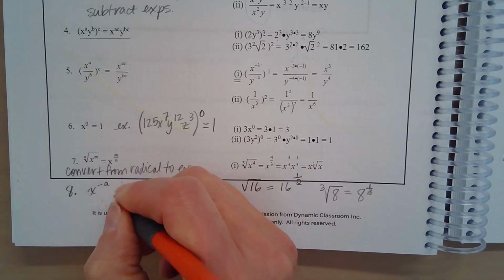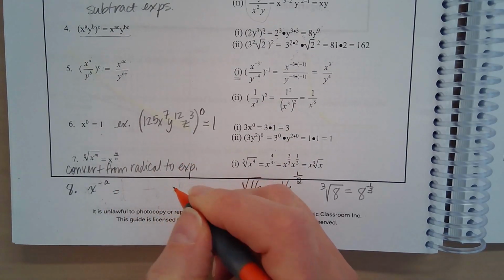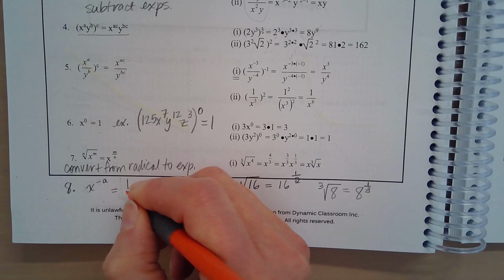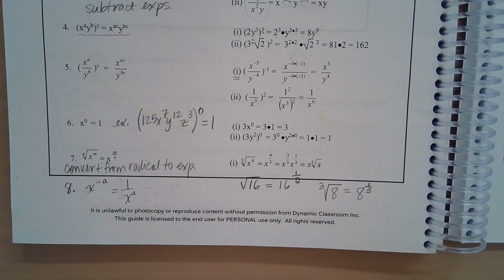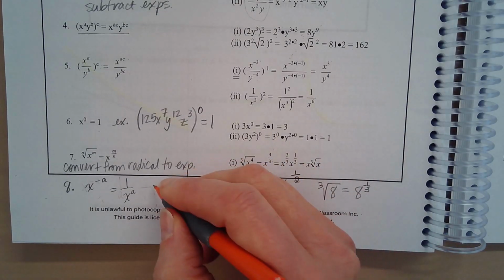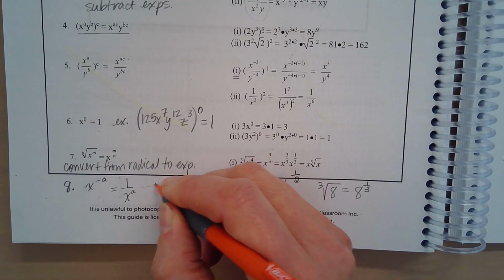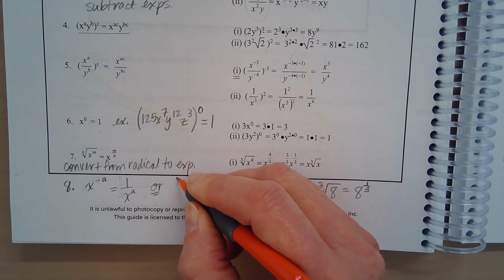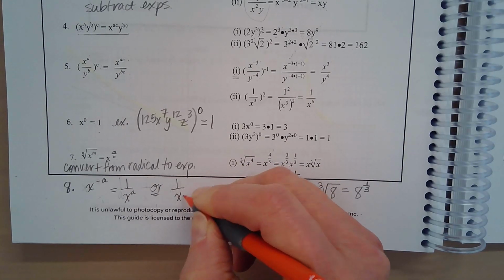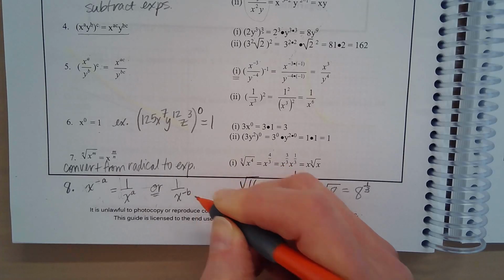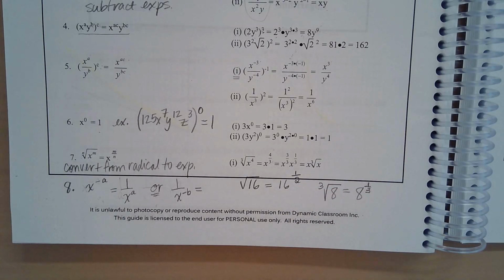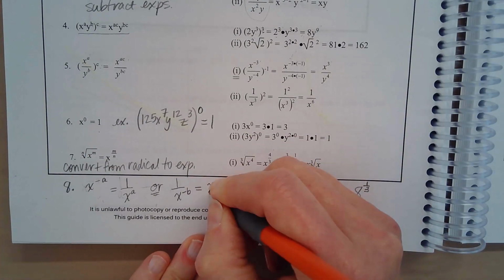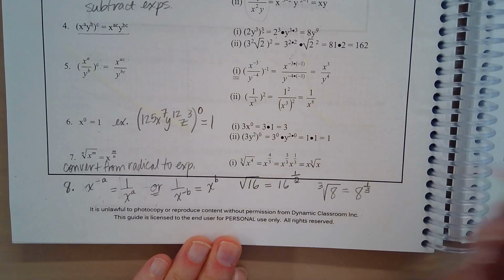If you end up with this, let's try this one. If I had 1 over x to the negative b as a final answer, I wouldn't leave that with a negative exponent. Writing 1 over x to the negative b, its reciprocal would be x to the power b over 1, or just x to the power b.